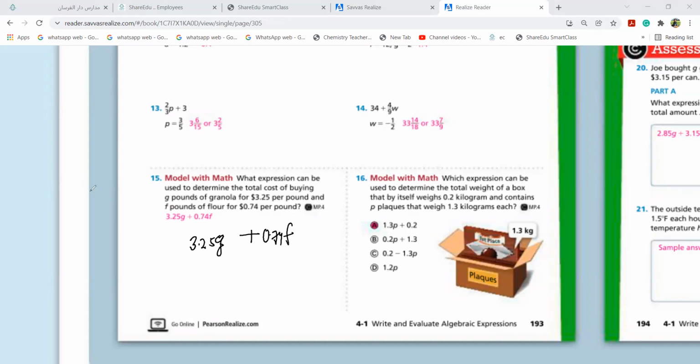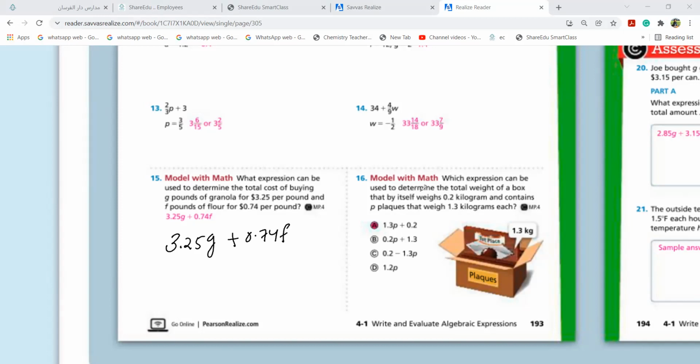So simple, girls, for 1 pound it is 3.25, so for G pounds you multiply: 3.25G plus 0.74F. This is the direct question.